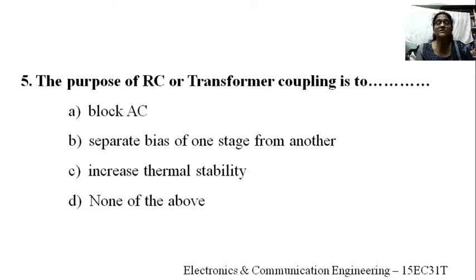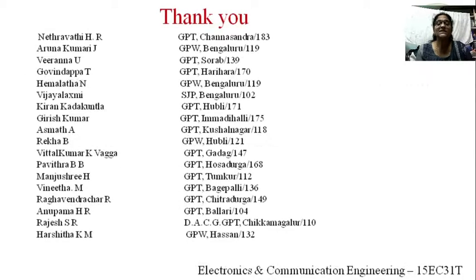If you are using two stages, what happens? If the output coupling capacitor is not there, it will have a loading effect on the next stage input, right? So therefore coupling is used to separate the bias of one stage from another stage. So these are the things regarding small signal amplifiers. Thank you.